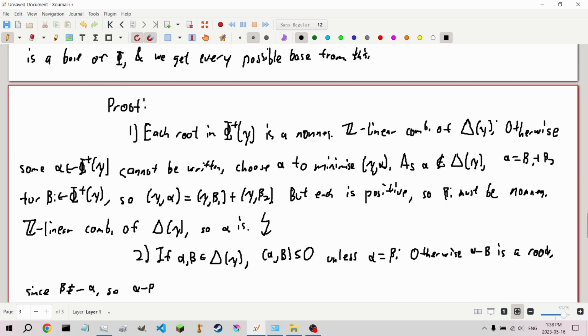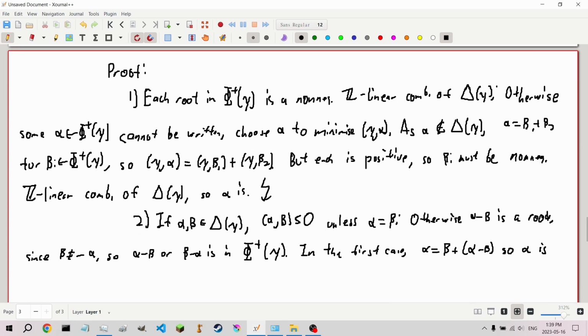So alpha minus beta or beta minus alpha is in phi positive of gamma. In the first case, alpha is beta plus alpha minus beta, so alpha is decomposable.